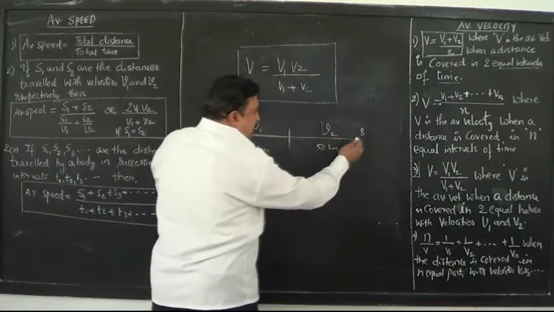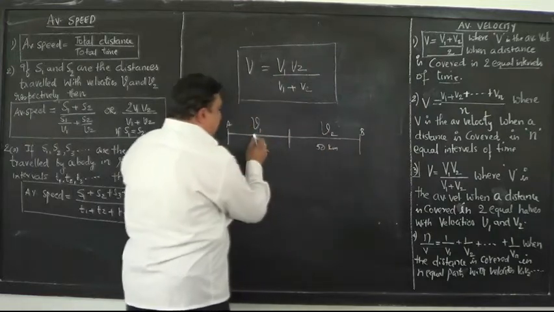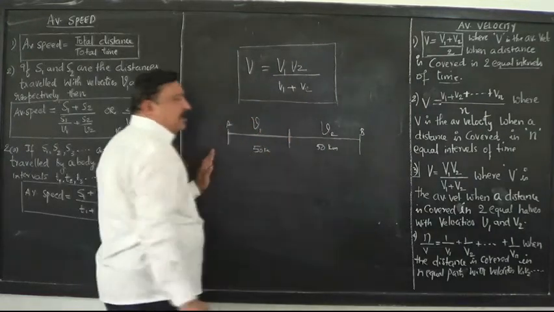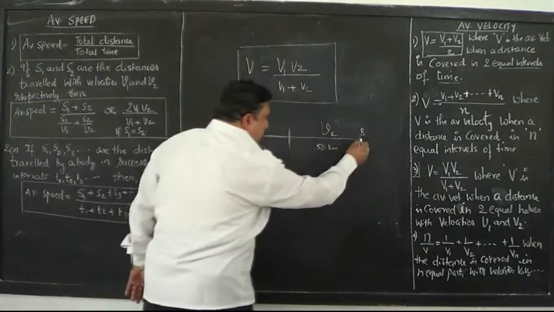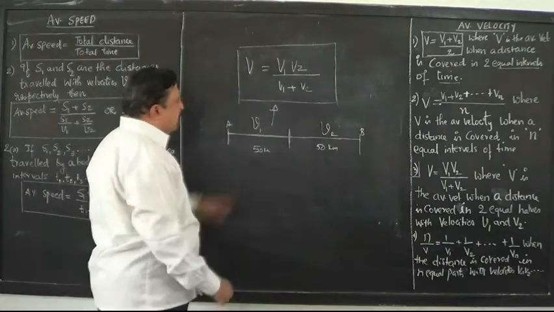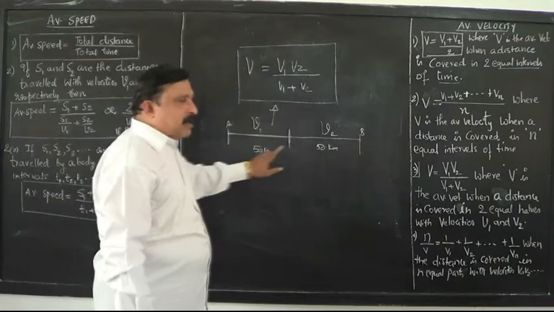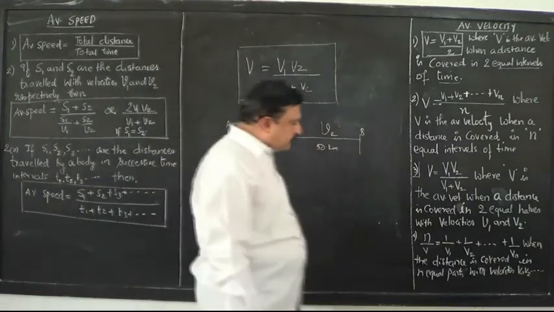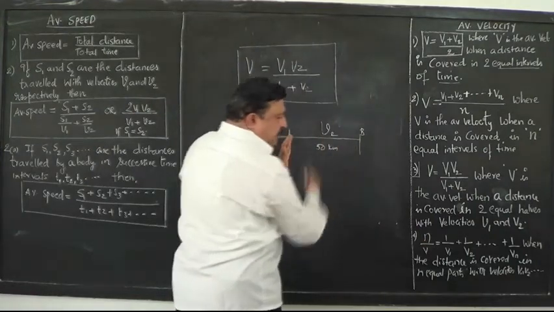The entire stretch of journey is divided into two equal halves, each covered with velocities V1 and V2. In that case, the average velocity of the body moving from A to B is V equals V1 times V2 over (V1 + V2). And this is with respect to two halves.